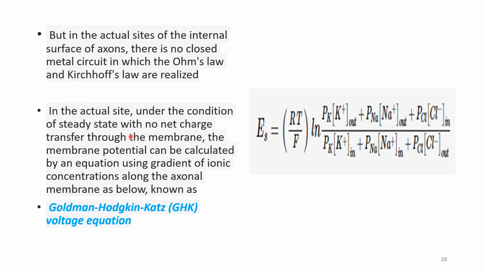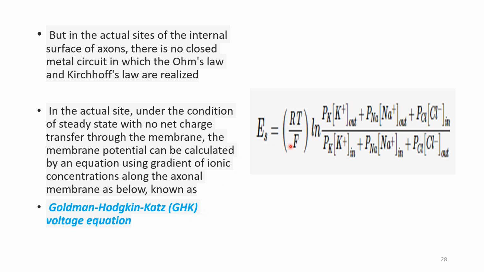So, in the actual site, under steady state conditions, meaning with no net effective transfer of charge through the membrane, the membrane potential can be calculated by an equation which uses the gradient of ionic concentrations along the axonal membrane. This is the GHK equation, the Goldman-Hodgkin-Katz voltage equation.